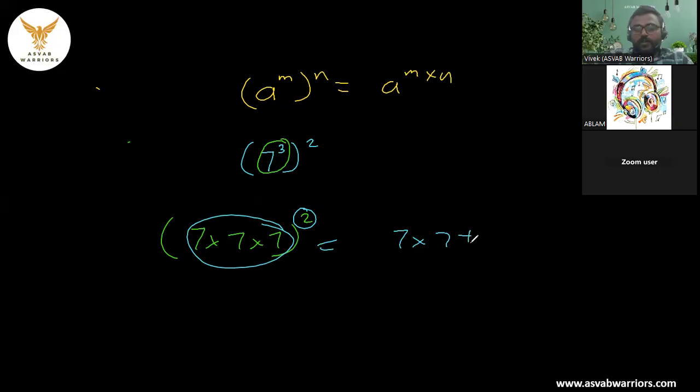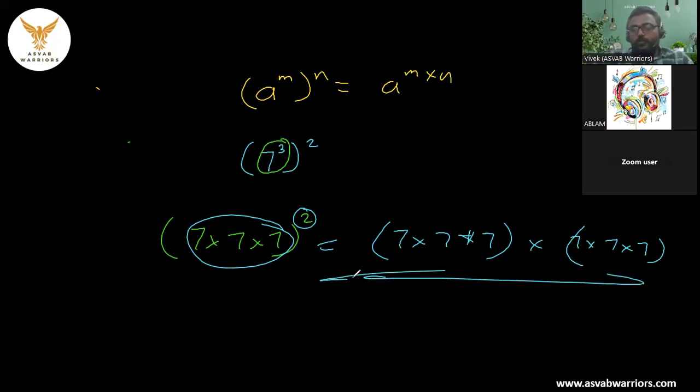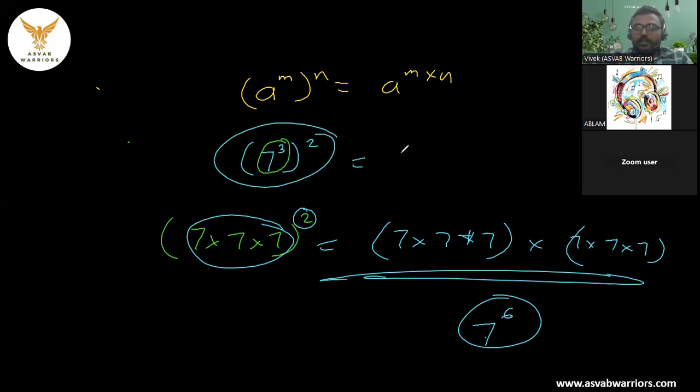So 7 times 7 times 7 once, 7 times 7 times 7 twice. If you observe carefully, this is 7 multiplied with itself 6 times, 7 to the power 6. Instead of doing all that circus, I can just say 7 to the power 3 times 2, which is nothing but 7 to the power 6. So that will be your answer.